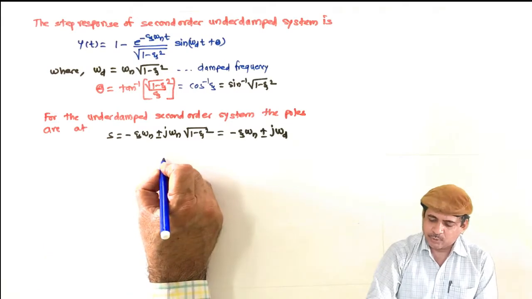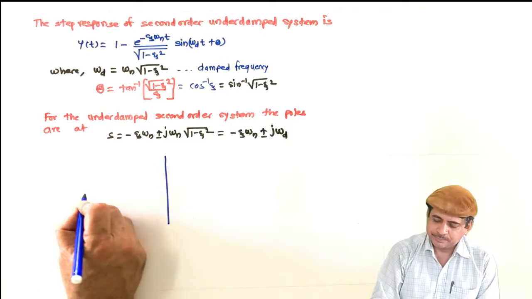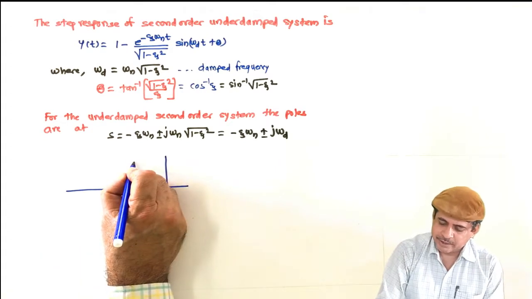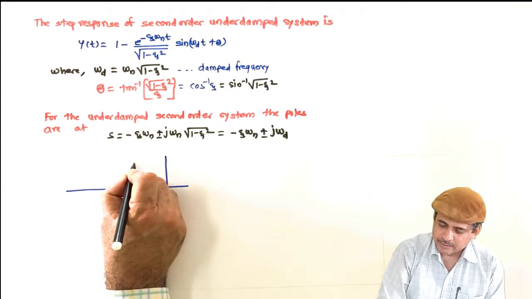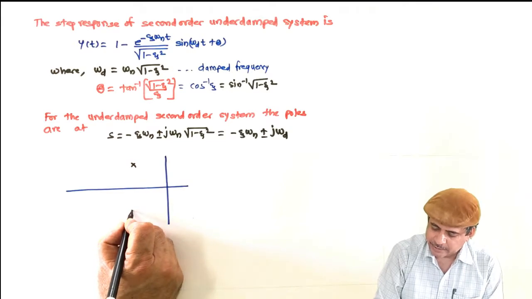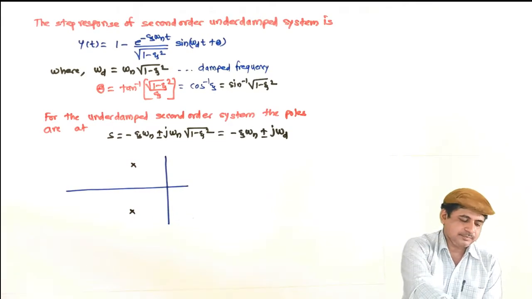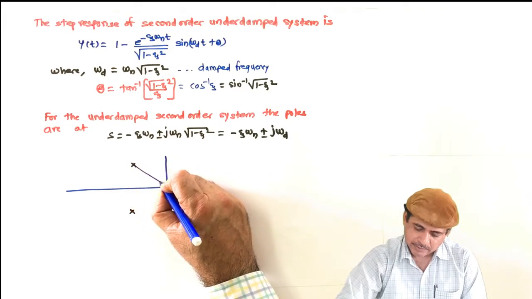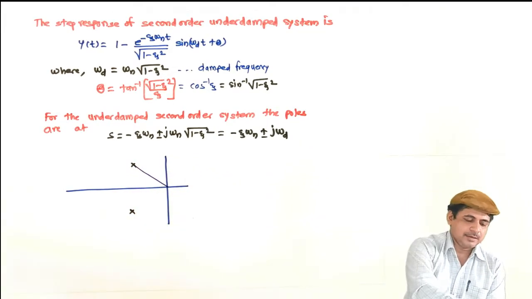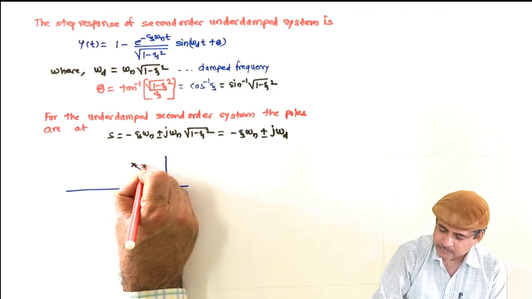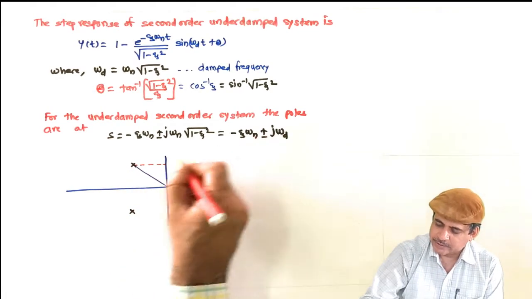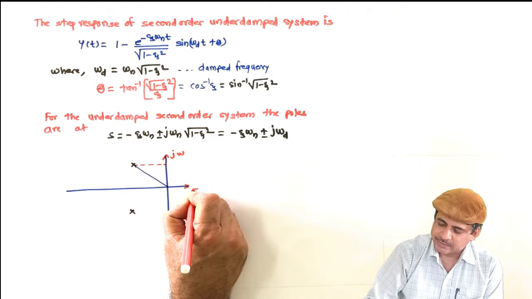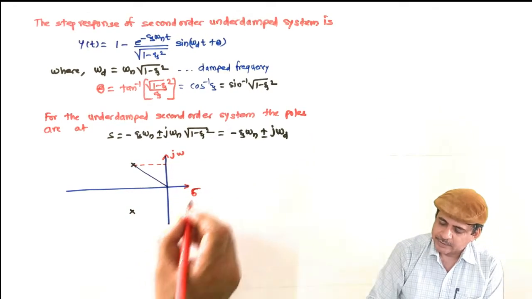Now if I draw these poles in a pole zero plane, let this be one pole and let this be the second one, and let me have this line. Now this is the j omega axis and this is the real axis sigma in the s plane.